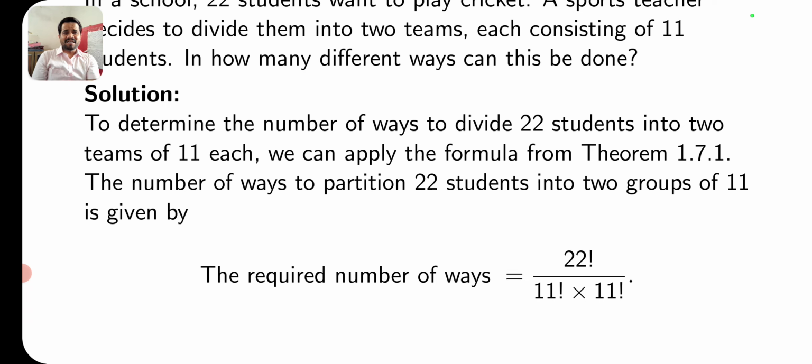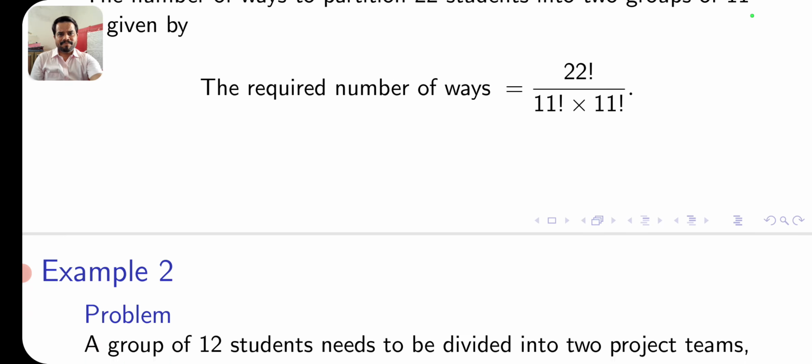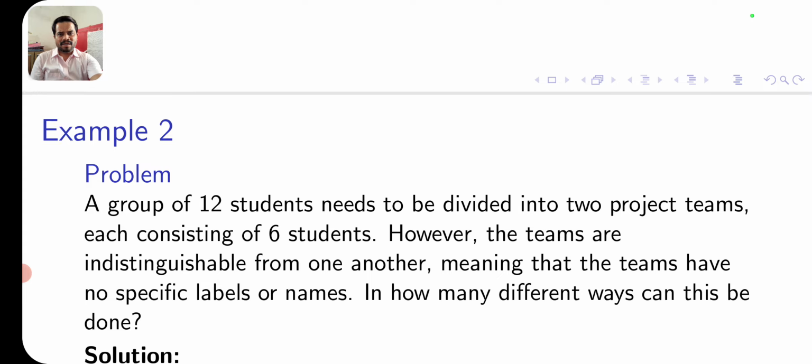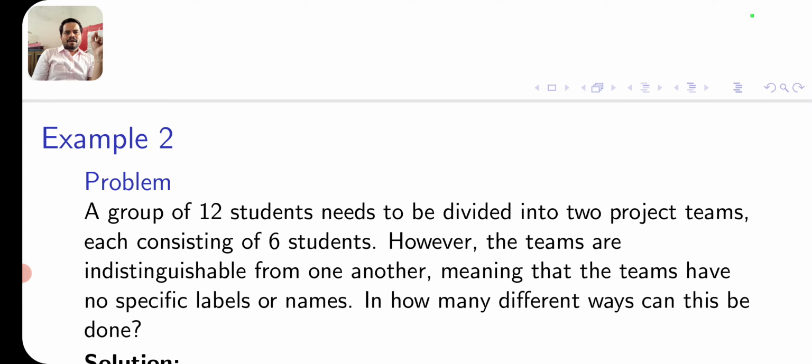Now let us see the second example. A group of 12 students needs to be divided into two project teams, each consisting of 6 students. However, the teams are indistinguishable from one another, meaning the teams have no specific labels or names.